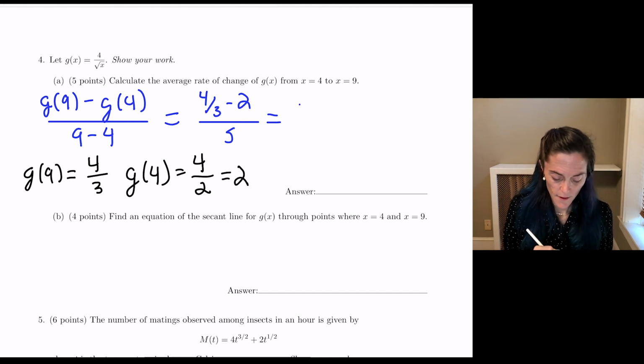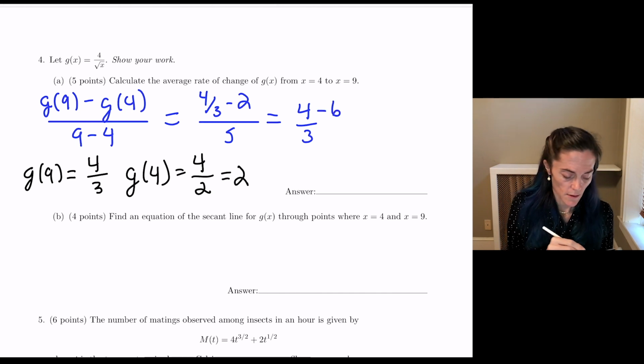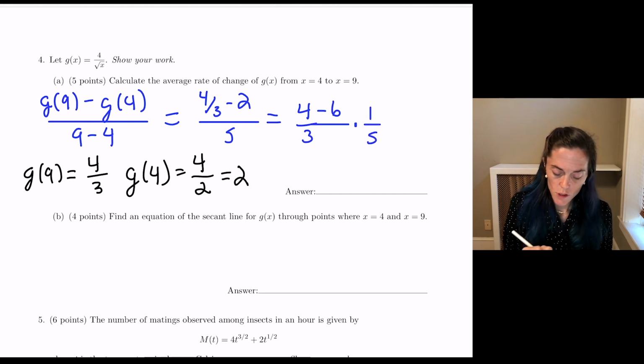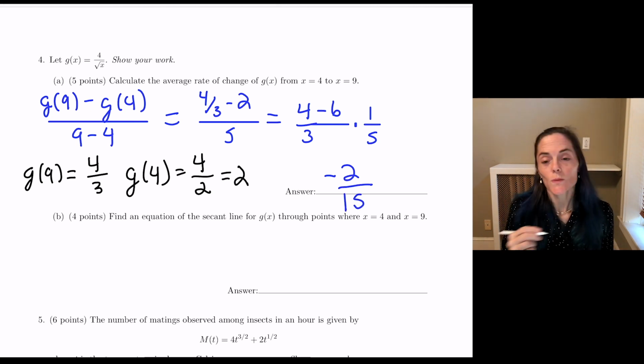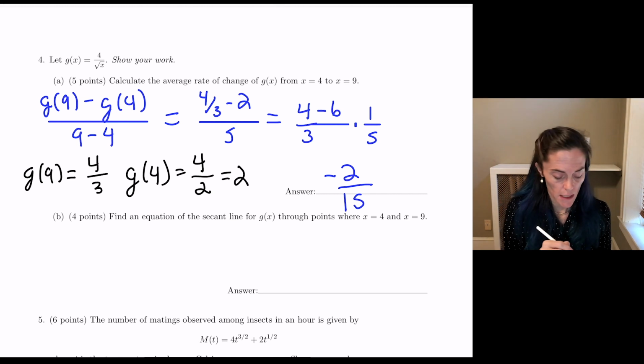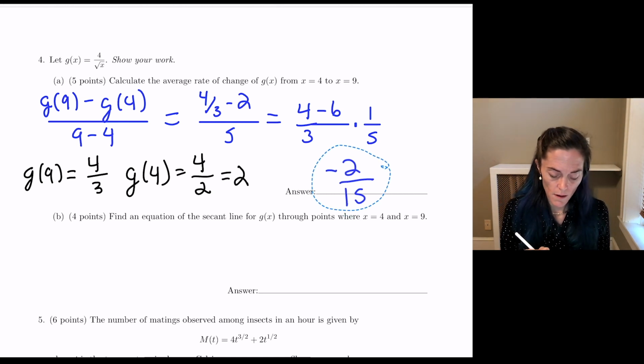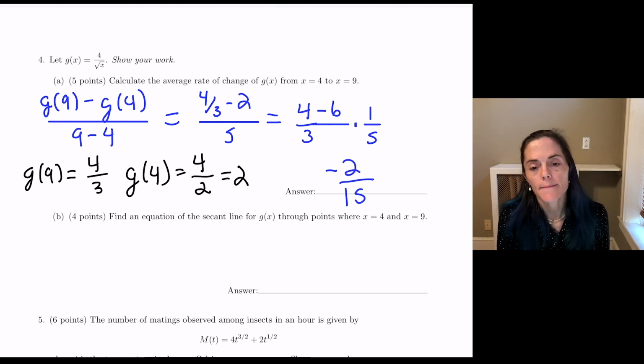So I'll do it this way, 4 minus 6 over 3, and then times 1 over 5. So I get negative 2 divided by 15. This would be my average rate of change of g of x on the interval from 4 to 9.